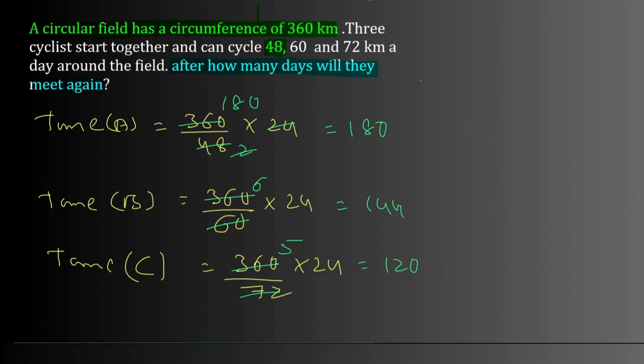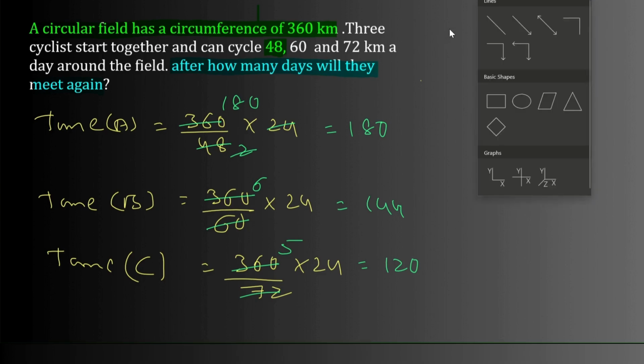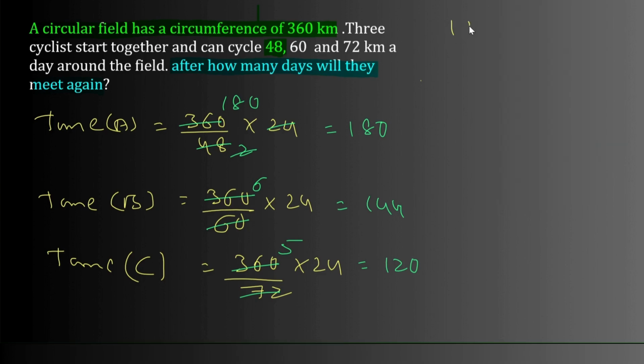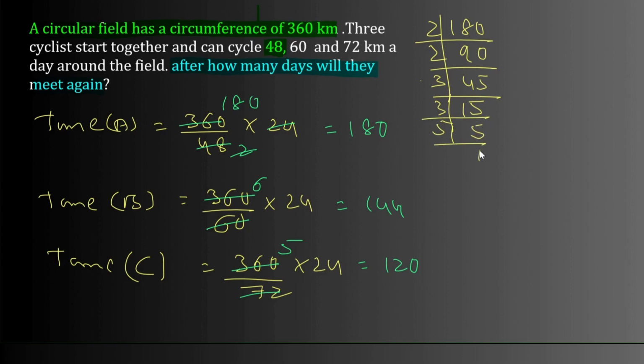So the first number here is 180. If I do prime factorization, this is 2 times 90, 2 times 45, 3 times 15, 3 times 5, and 5 times 1. The other number is 144.